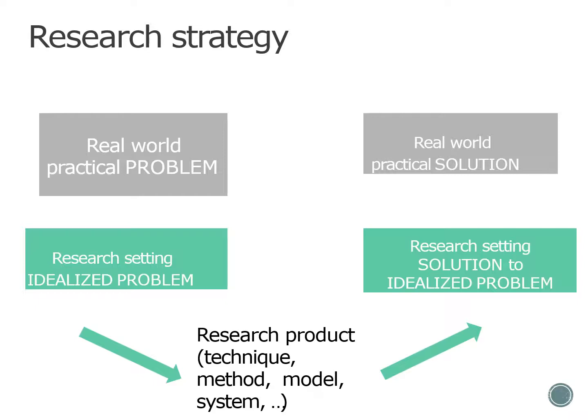So we simplify the problem so that by means of research we can create a simplified solution. That's more or less always the research strategy, because the real world has the annoying problem of having too many variables to be handled at once.